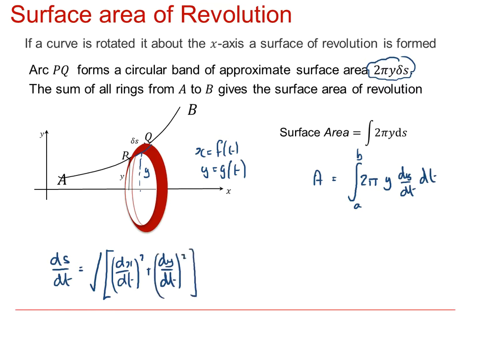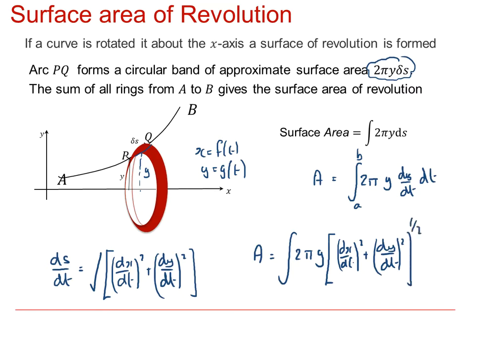So that we can substitute that to give our final expression, which says that the area will be equal to the integral of 2 pi y, and then instead of ds by dt we can write dx by dt all squared plus dy by dt all squared, and then taking the square root of that, or to the power of half.